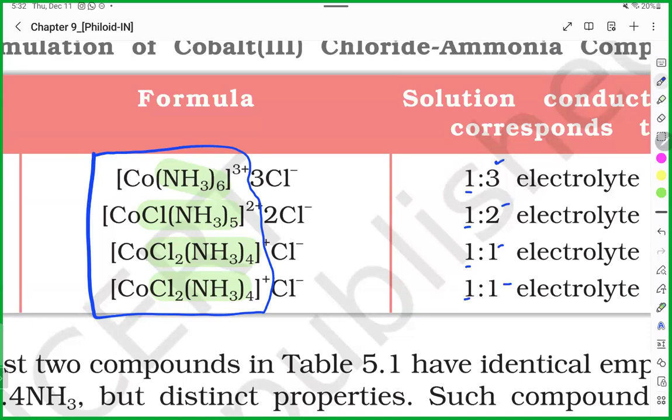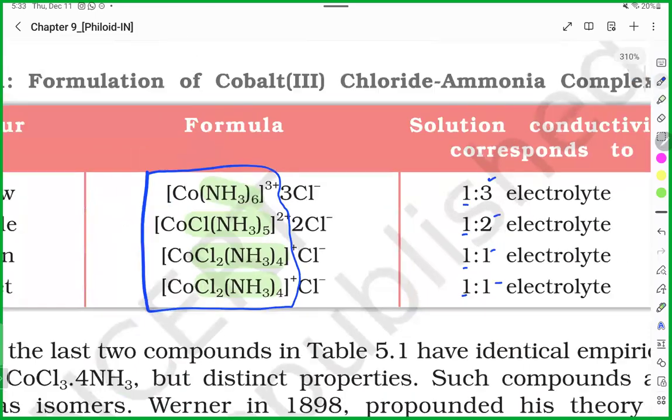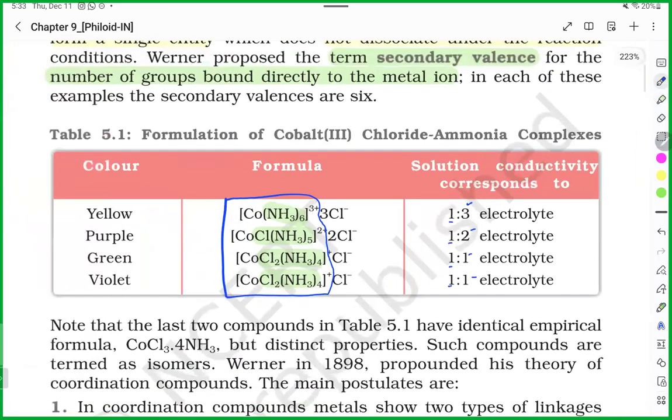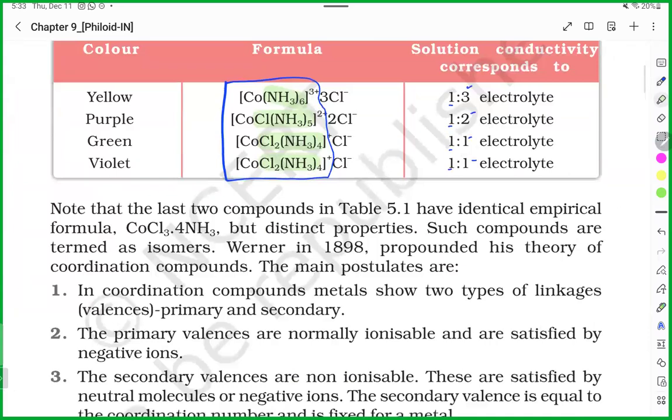That's why the ratio is this. The same thing is written here. If you see this for ammonia, they have different properties and they are isomers, same formula but different structure.